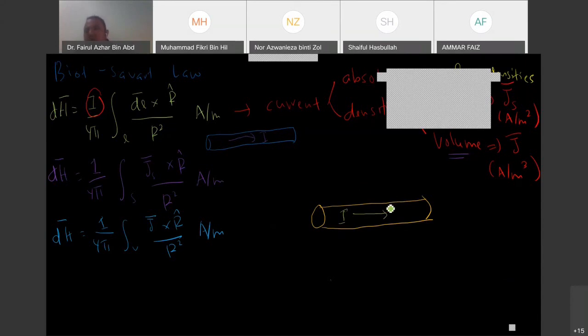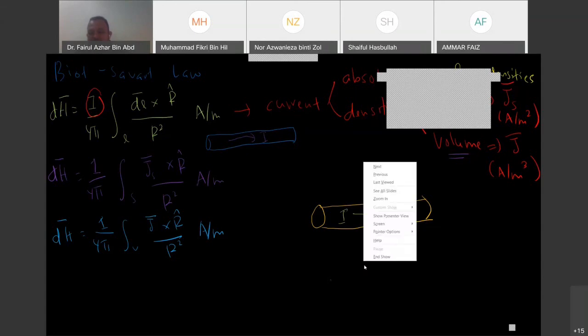I think you might have performed this experiment during your secondary school or matriculation: how to prove the existence of the field surrounding this conductor if we inject some value of current inside that particular conductor. All right. So let's say in this case, we will have a magnetic field induced around it in this direction.